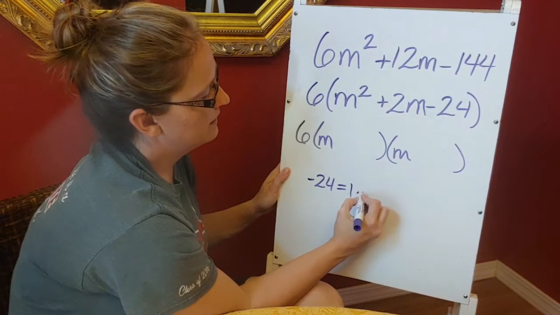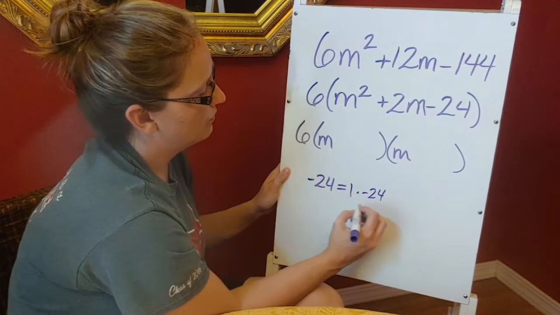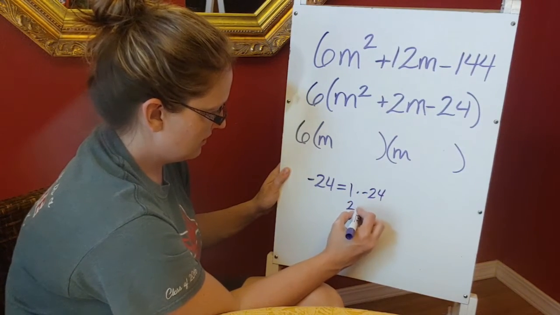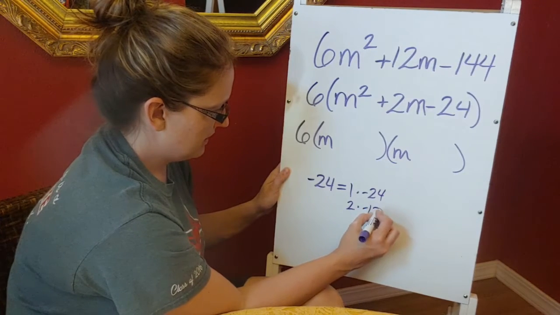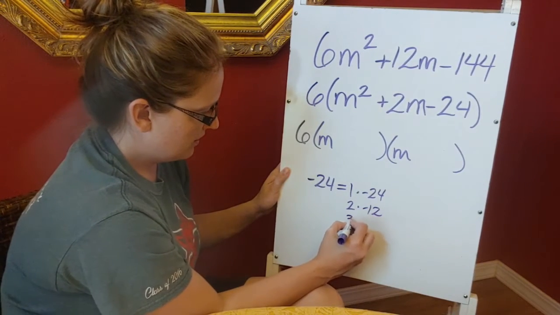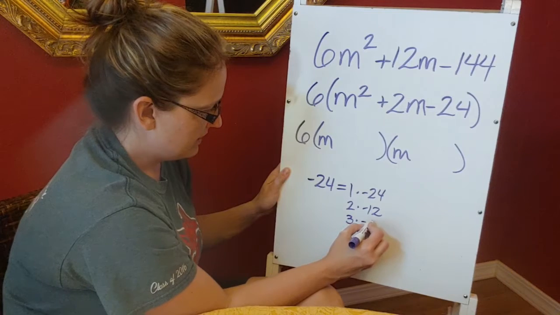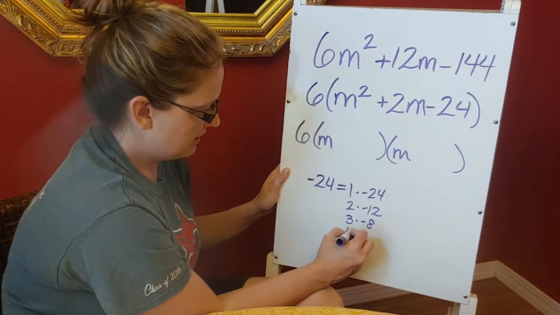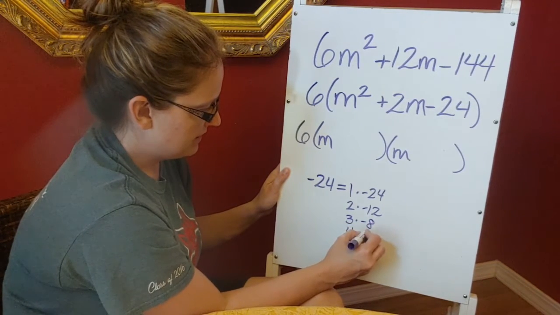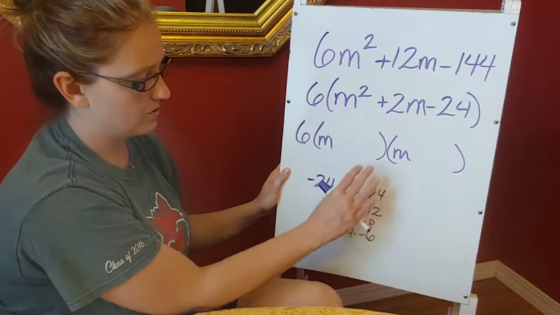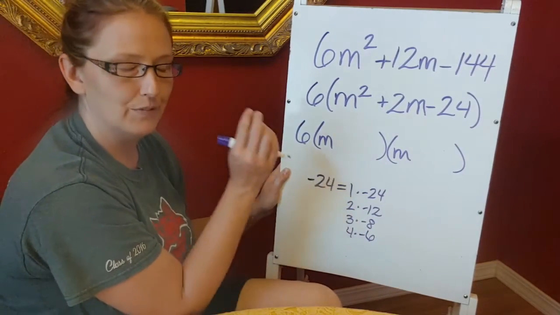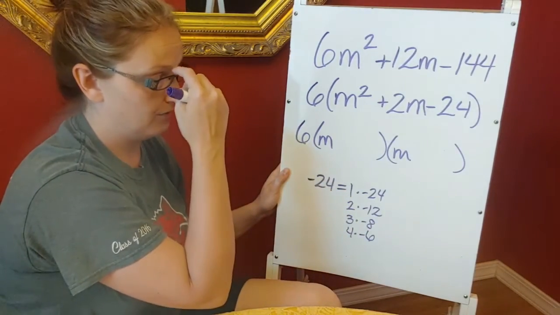So 1 times a negative 24 would be a factor. 2 times a negative 12. 3 times a negative 8. And 4 times a negative 6. These are all my factors that, when I multiply them together, would give me negative 24.